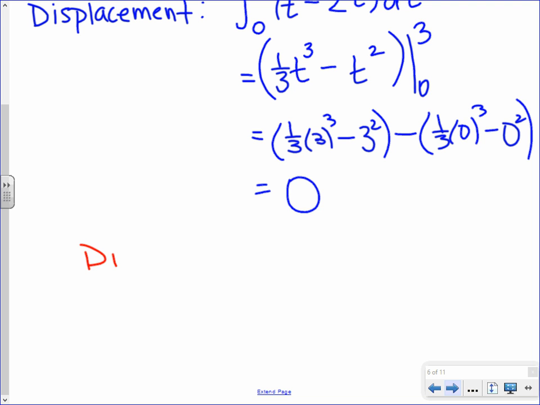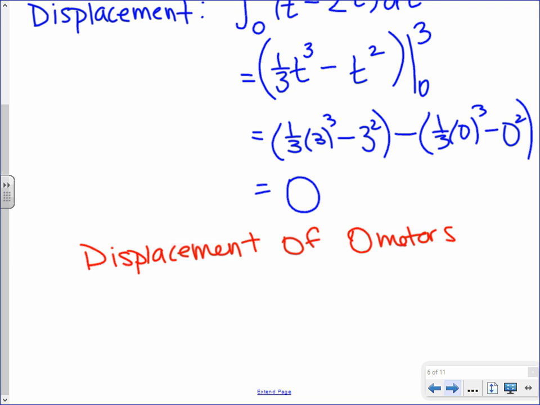We have a displacement of 0. Which means what? Did this particle not move at all? No, it moved, but it just ended back up at the origin.